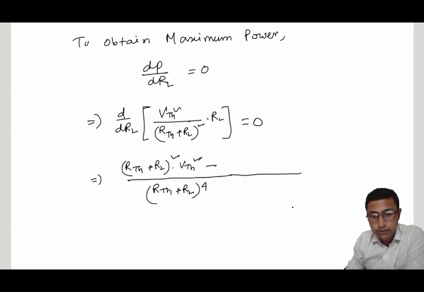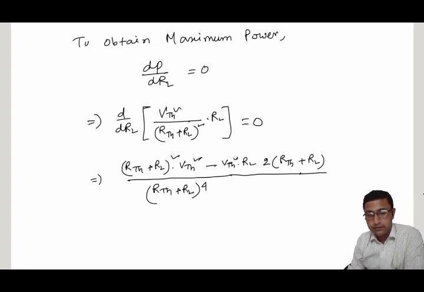So what is your U? That is VTH square into RL, into V dash, that means RTH plus RL whole square. If I take the derivative of this with respect to RL, it will be twice of RTH plus RL. Okay, so that is equal to 0.